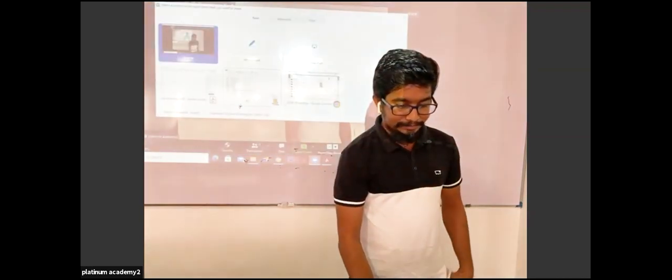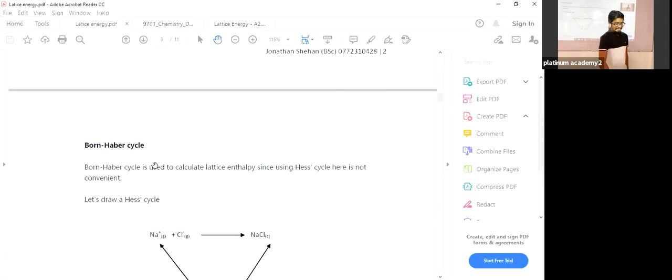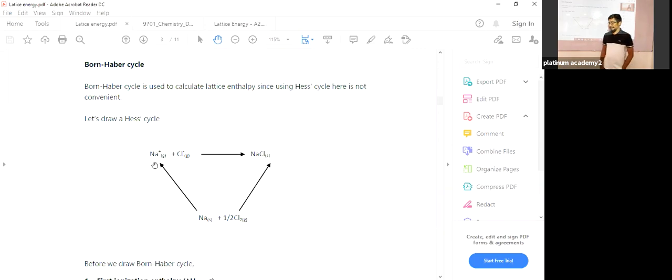Right, let's go to the next part where we're going to discuss the Born-Haber cycle. Now this fellow, Born and Haber, two fellows. They were friends. So they were like, okay, let's come up with a method, like a Hess cycle, to find out lattice energy.